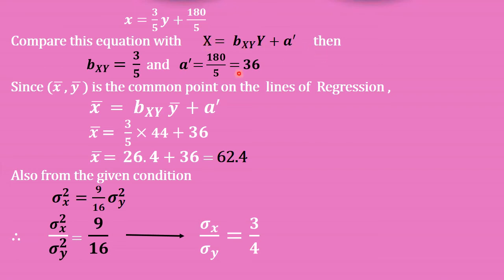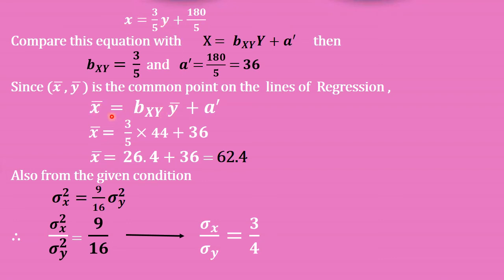Then bxy is the coefficient of y here. So bxy is equal to 3 upon 5. And a dash is the constant 180 upon 5, which is equal to 36. Since x bar, y bar is the common point on the lines of regression, we will write x bar and y bar in place of x and y.